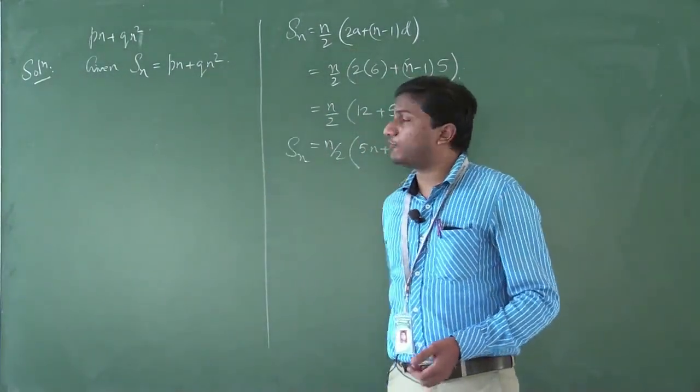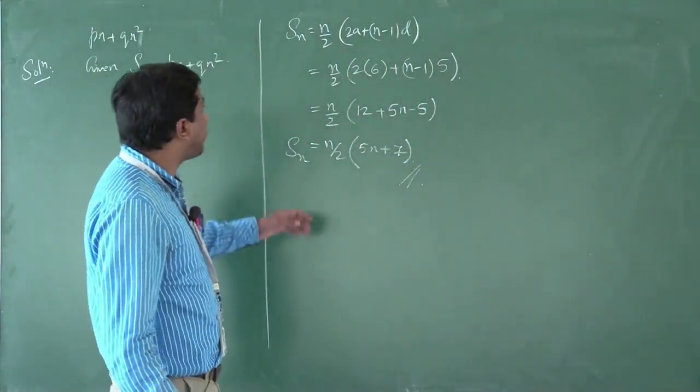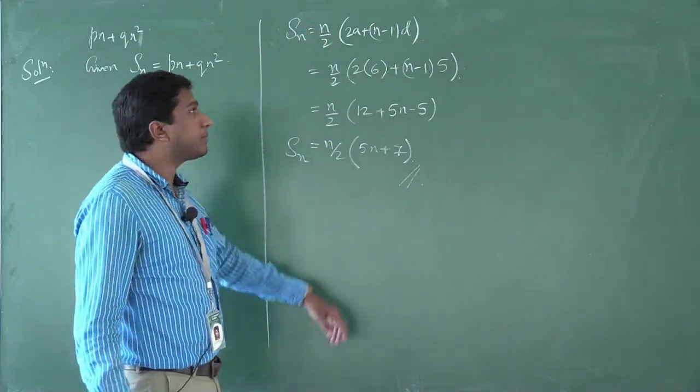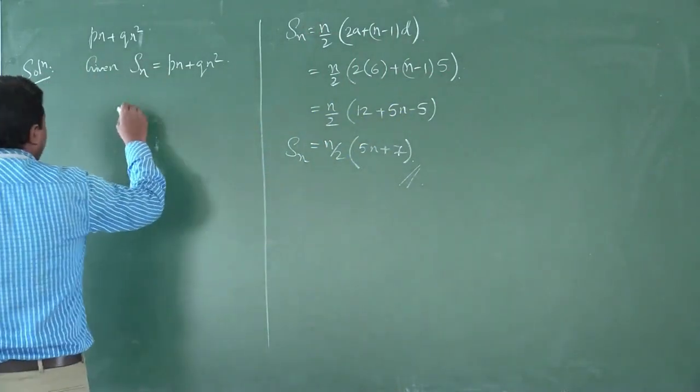So we'll use the formula of Sn for an AP. What is the formula for Sn? n by 2 into 2a plus n minus 1 into d. So we'll use that here.